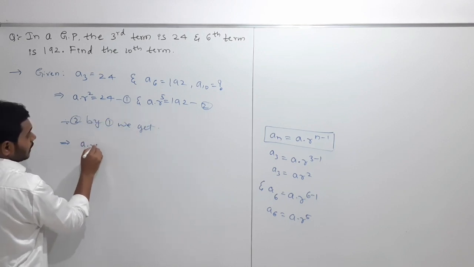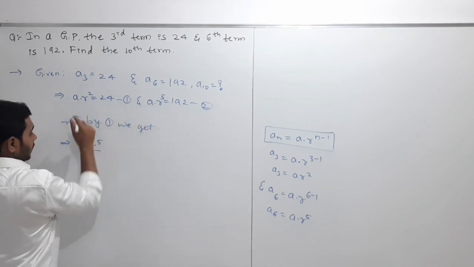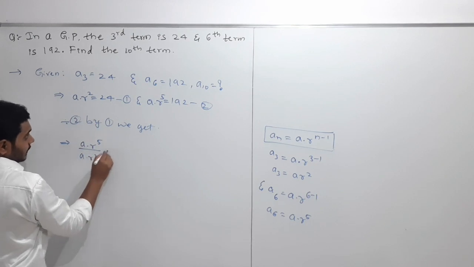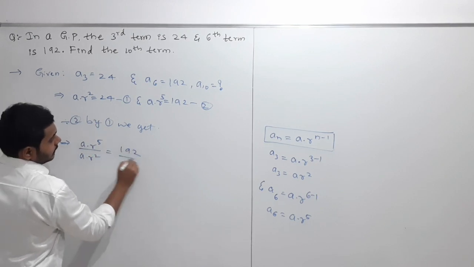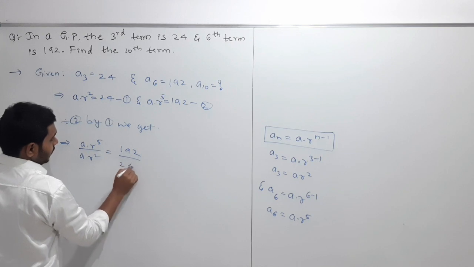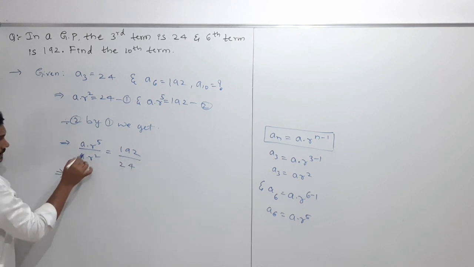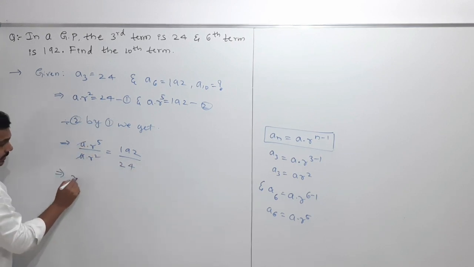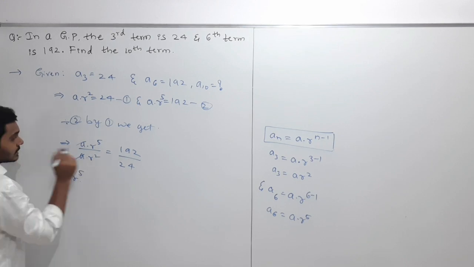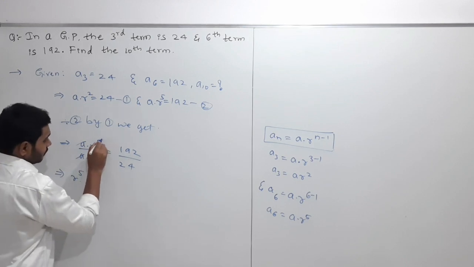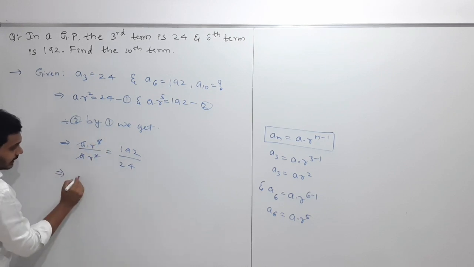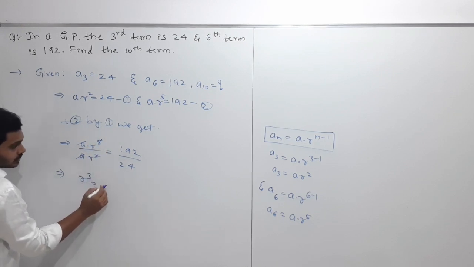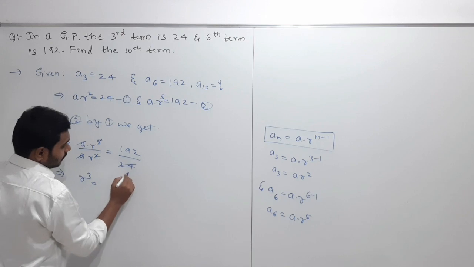So a into r to the power 5 divided by a into r square is equal to 192 divided by 24. Here the a cancels. So r to the power 5 over r square, we will get r cube is equal to 192 divided by 24.